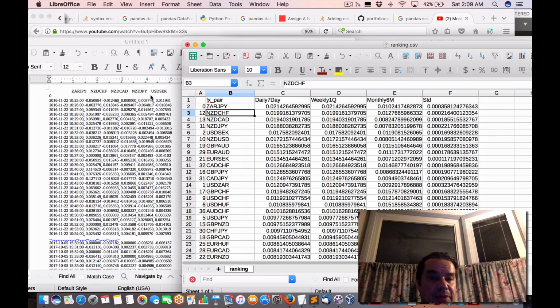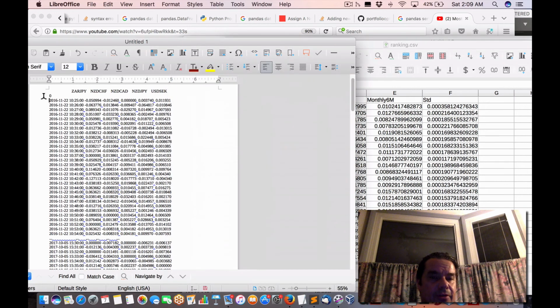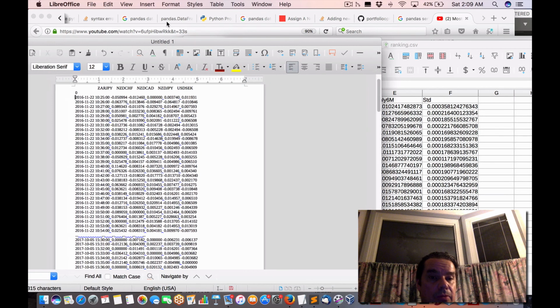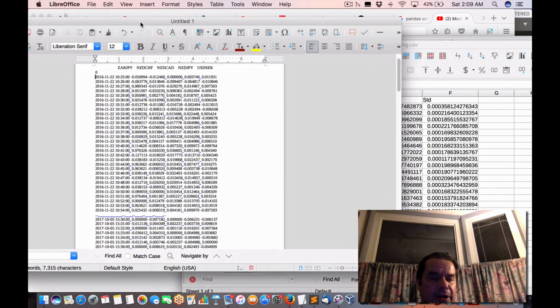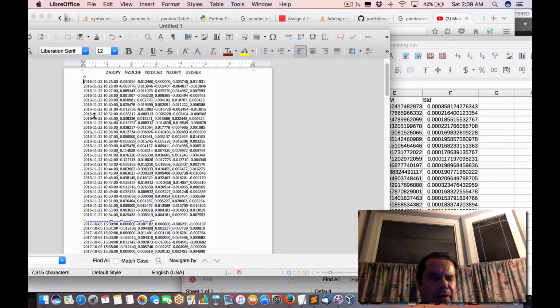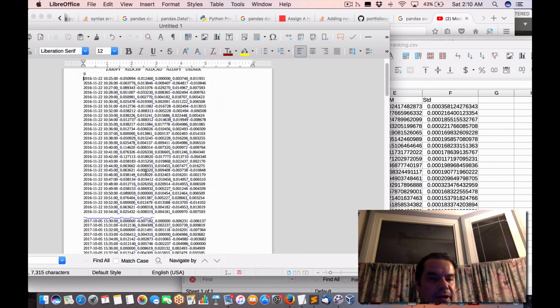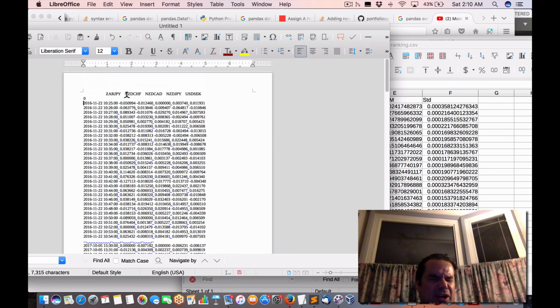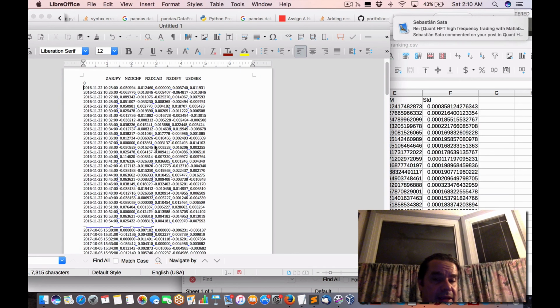New Zealand, Japanese yen. USD, and Swedish kroner, sorry. So we've done this correctly on this run with this particular set of forex pairs if we were to trade them the next day, as an example.